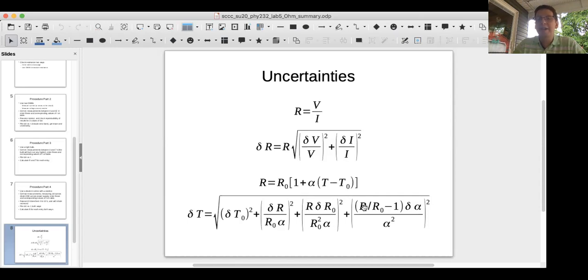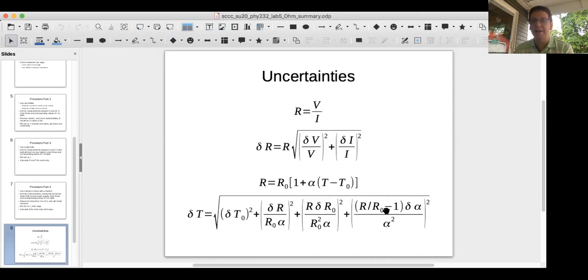And then the last term, you're taking the ratio R over R naught minus 1, multiplying by delta alpha. So what's your uncertainty in your temperature coefficient of resistivity? This is your uncertainty in your multimeter value for the resistance initially. This is your uncertainty in the temperature coefficient of resistivity, and you're dividing that by alpha squared, and then you're squaring that whole quantity.